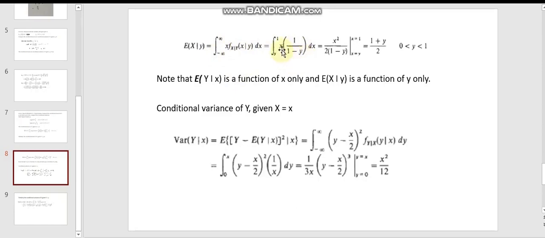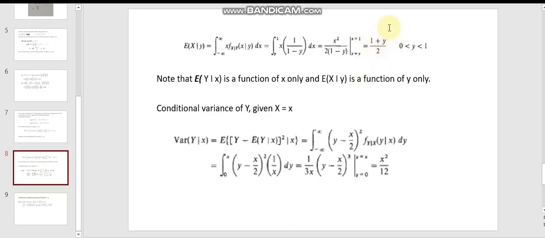So we take the product of x with the conditional PDF of x, and the product is equal to x over 1 minus y. Now I will integrate it from y to 1. Because the upper limit is 1 here, by integrating this expression we get 1 plus y divided by 2. So this is the conditional mean of x, and it is a function of y.